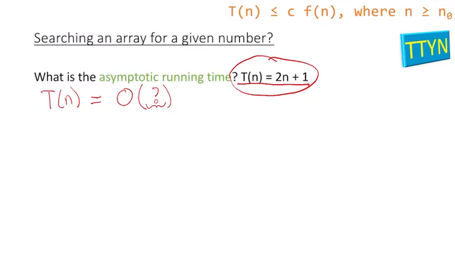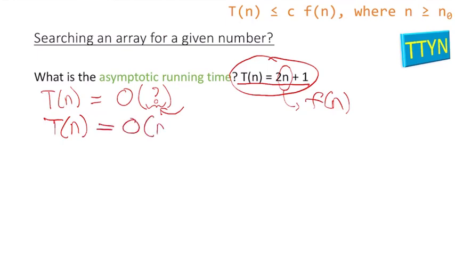So if our total running time is 2n plus 1, we should look at the highest order of n that we find in there, and it's n, n to the first power. So maybe that's a good value for f of n, which means I can plug that in here. We're going to try to prove that the total running time of our searching an array algorithm is big O of n.